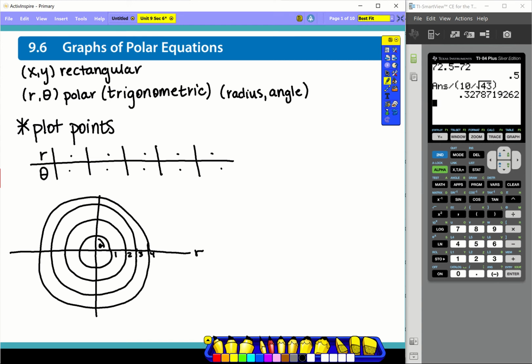Now, one way to confirm this is you can convert to rectangular. And you can confirm that. You can use polar mode in your calculator.